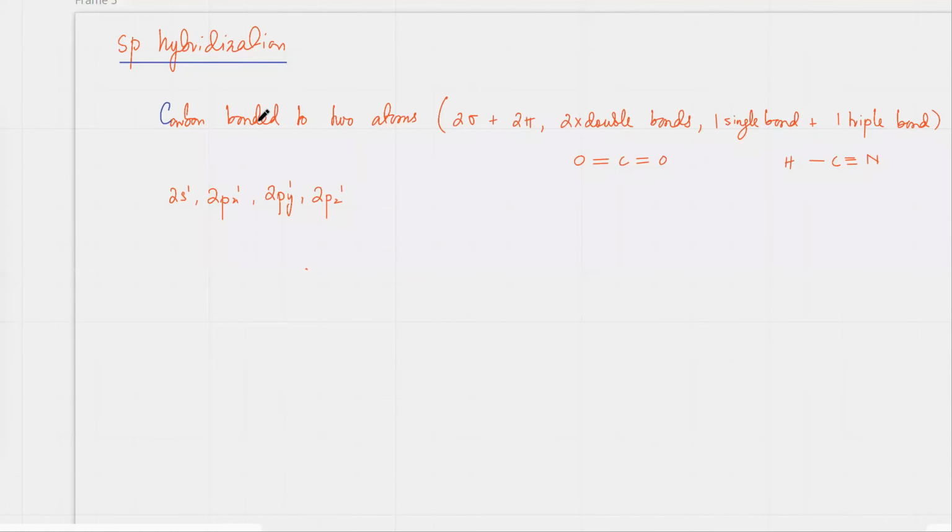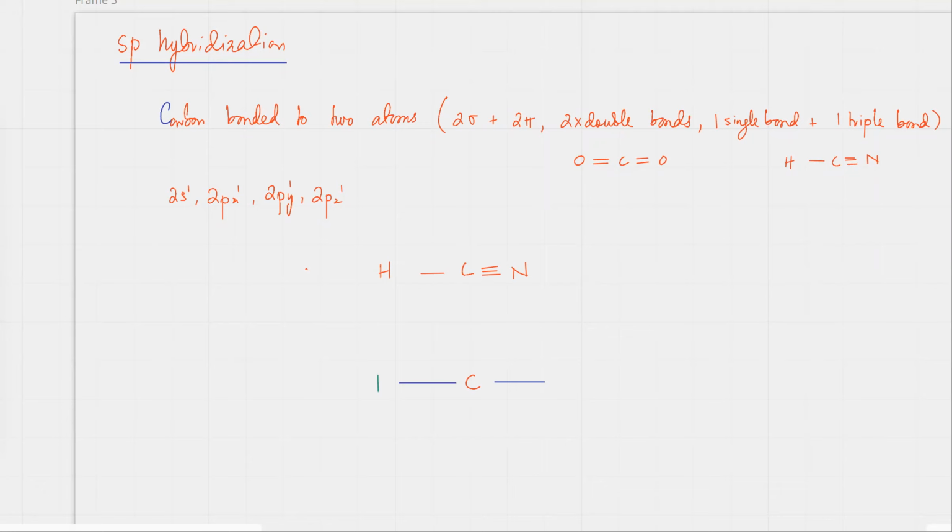So I'm going to draw the molecule of HCN, just to show you what happens in sp hybridization. Carbon is only bonded to two atoms. That means one of the electrons is going to get stretched in one direction, the other electron is going to get stretched in the other direction.